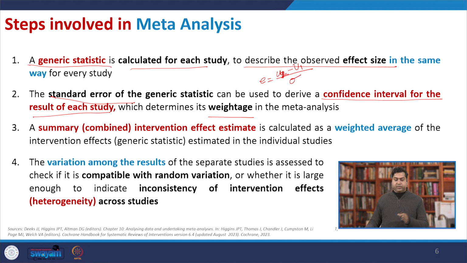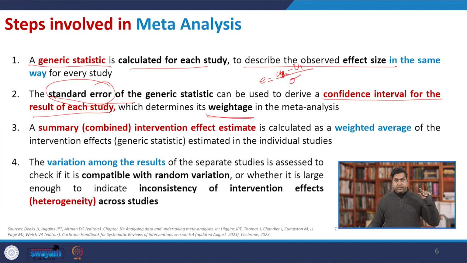That means when we calculate the statistics from the information, we will also have the standard error of that estimation, which will determine the lower bound and upper bound of the confidence interval, and which effectively helps to determine the weightage of that particular study.